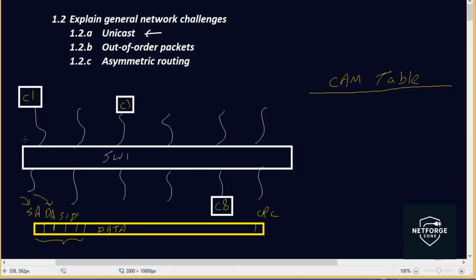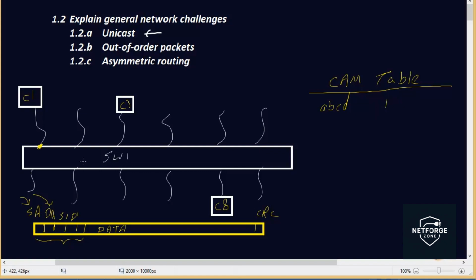Now, when a switch receives one of these frames, it easily finds out what my MAC address is. For example, computer 1's MAC address is ABCD. I'm not going to write all of them. So it writes ABCD, and then writes this as port 1.